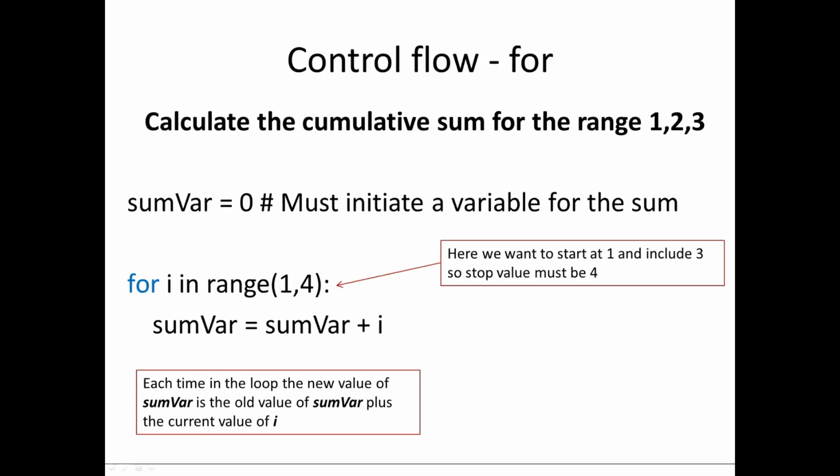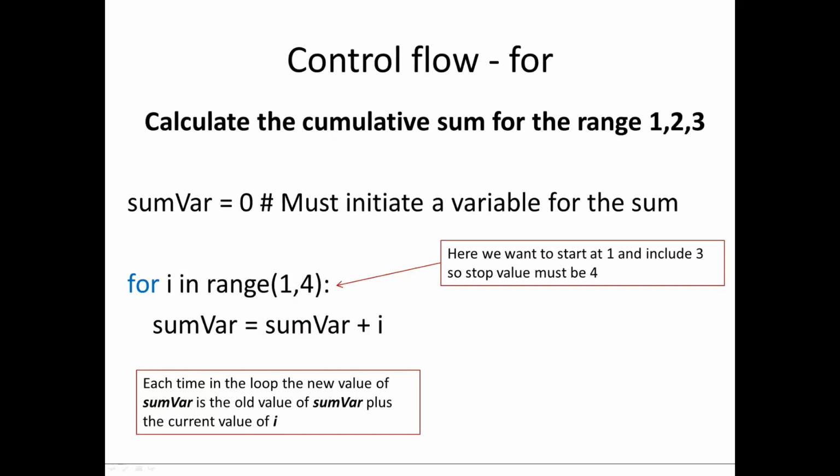In this case, we only have the range 1 to 3. Note that we must initiate the variable to keep track of the cumulative sum first before the loop can start. In this case, we call the variable sumVar and we initiate it with a value of 0. Then we have the for loop for I in range 1, 4.